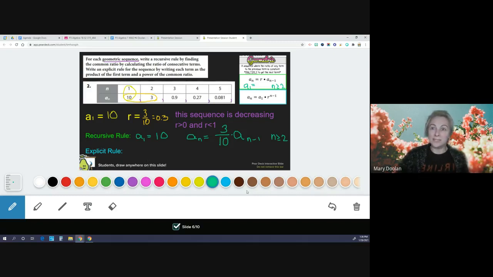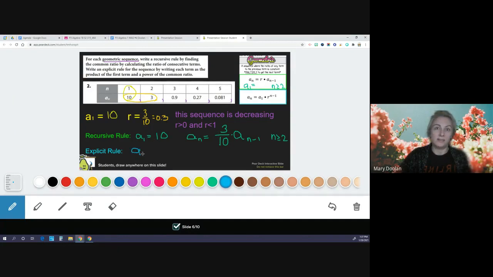Now the explicit rule. Right here, it's this guy. So the only thing we replace on the explicit one is what a sub 1 is, and what r is. A sub 1 is 10, r is 3/10. But you leave the other parts of the formula there.